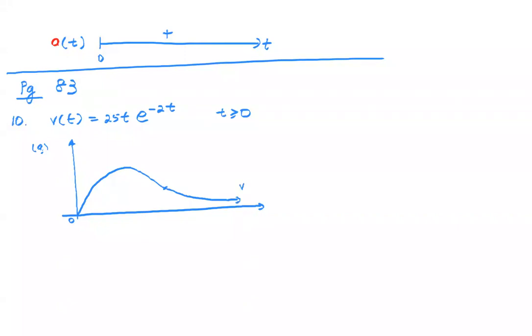This is your VT graph. Am I right? Your VT graph looks like this. Okay, this point, the coordinates will be 0.5.